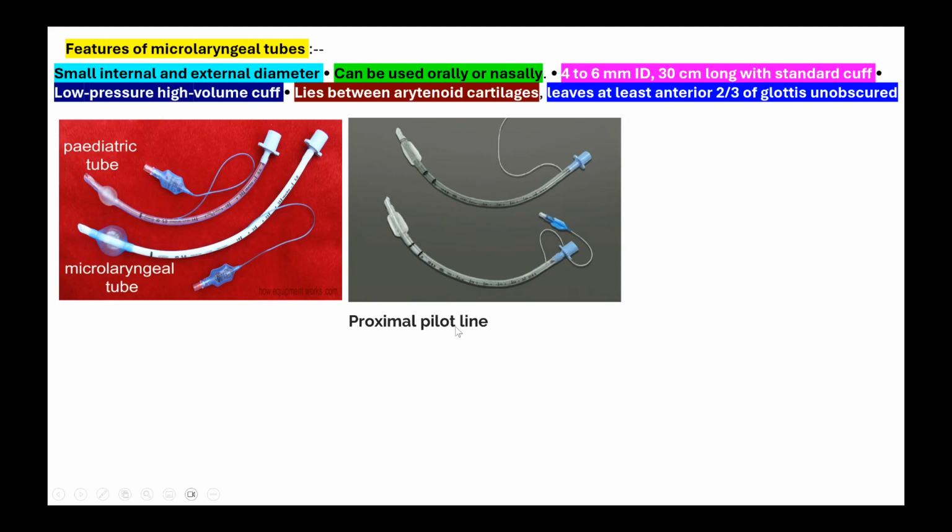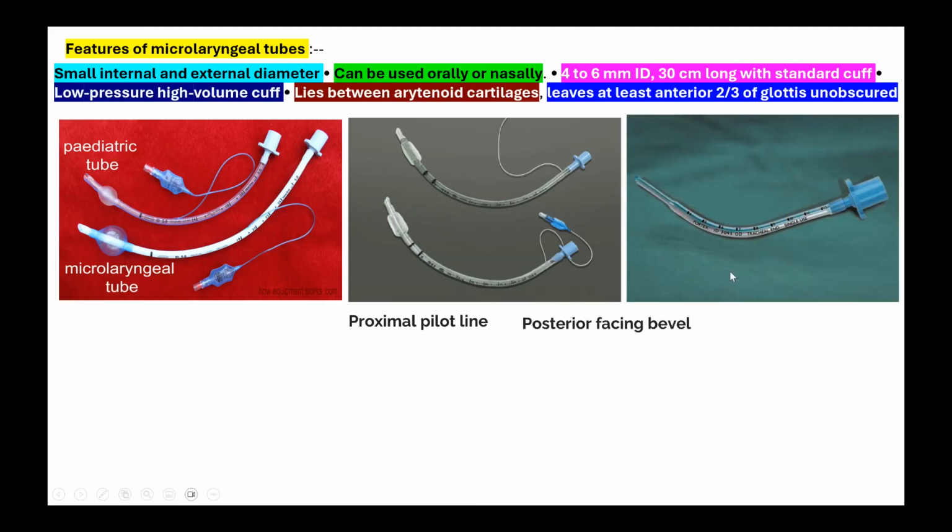Okay, so this is the proximal pilot line, very close to the connector, whereas this is a distal pilot line. After inflation the pilot line is very distal here, whereas it is quite proximal here. And the second is the cuff will be facing posterior. So that is the main difference in the classical microlaryngeal tube.